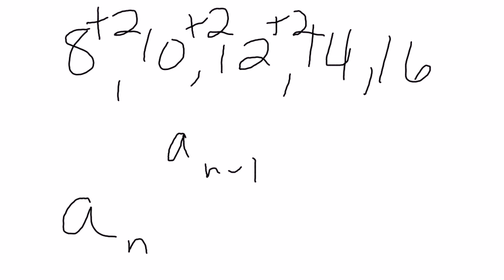So our arithmetic sequence is going to be a n equals a n minus 1 plus our common difference, okay? The common difference here is 2.